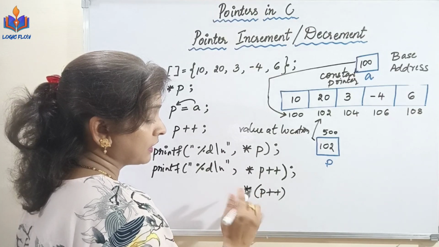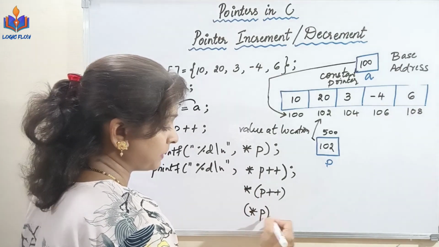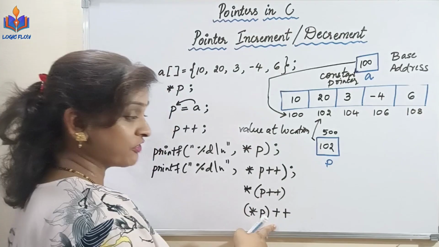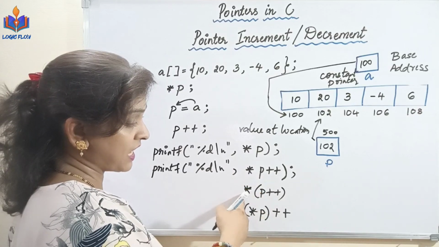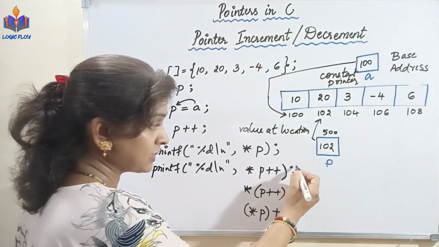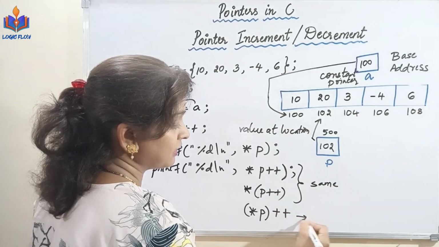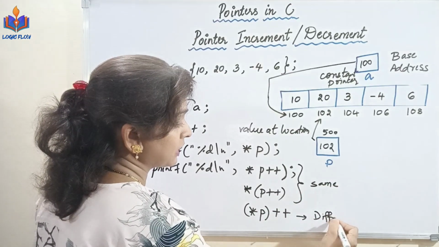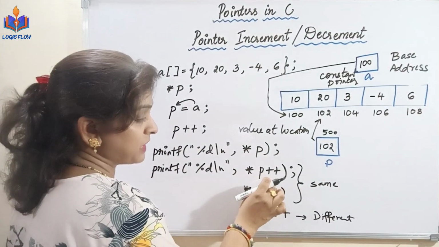But if you write it like this, asterisk P plus plus, this is different. Asterisk P plus plus and asterisk P plus plus in brackets, both are same. This is different. Now we'll see what is the difference here. Look here, asterisk P plus plus.